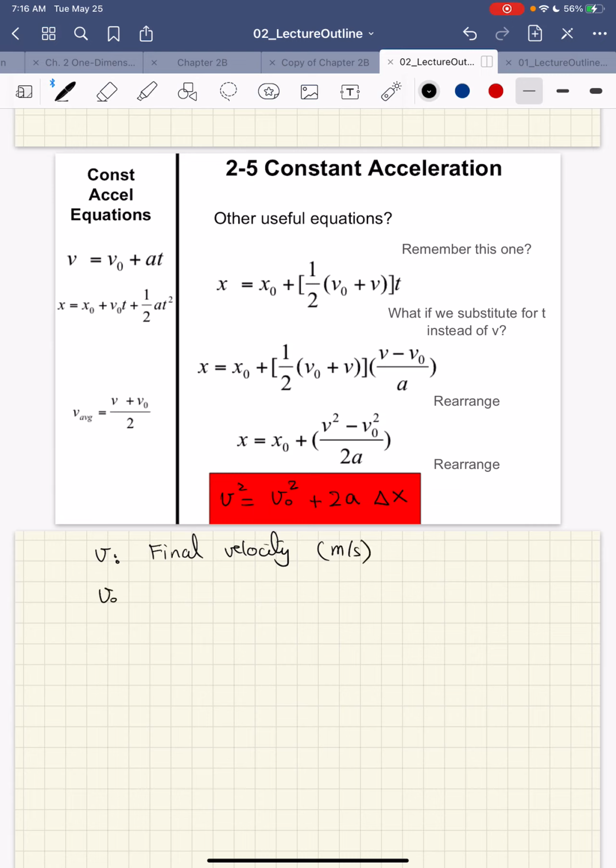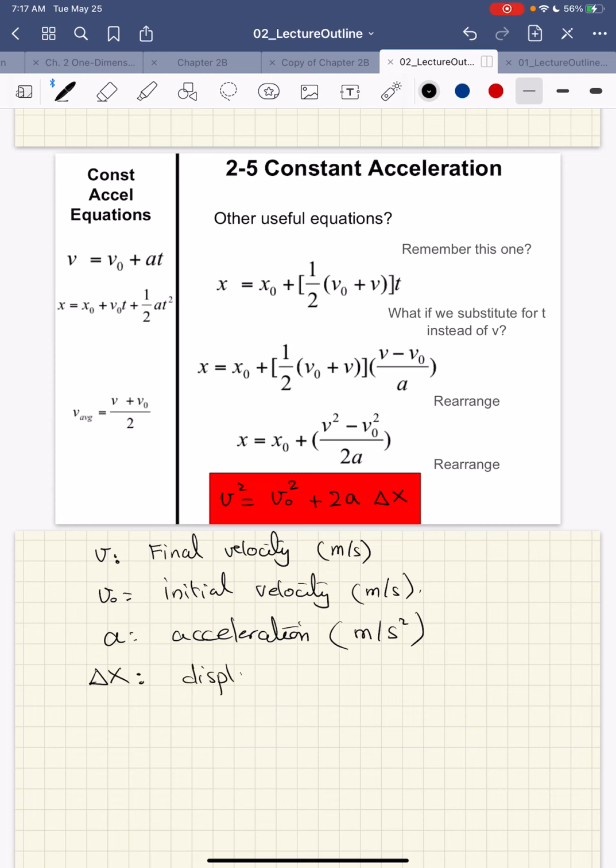This is the initial velocity, and also it is meters per second. It is the acceleration, and again it can be plus or minus. Now delta x is the displacement, which is the change in position, x minus x0.